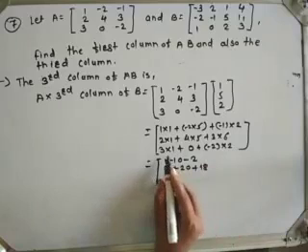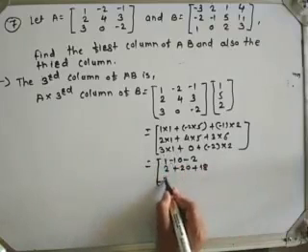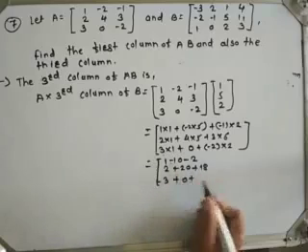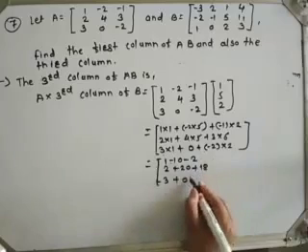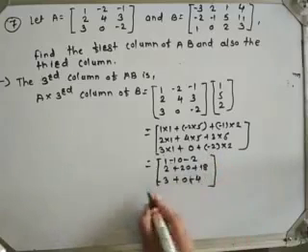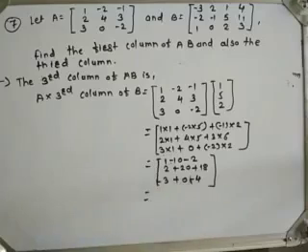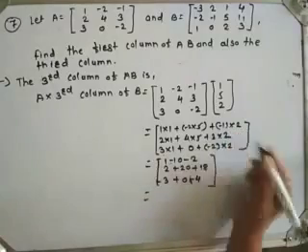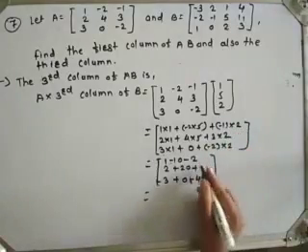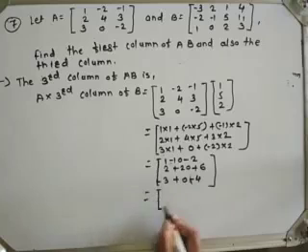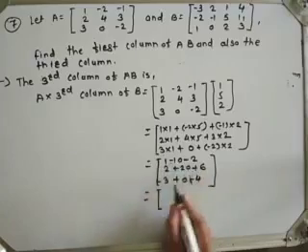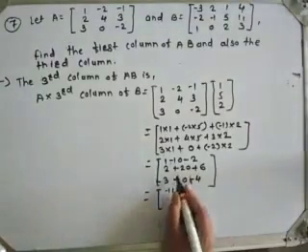Then next, 3 into 1, 3, plus 0 plus -2 into 2, -4, which is equal to 1 minus 10 minus 2, that is -10 minus 2 is -12 plus 1 is -11.